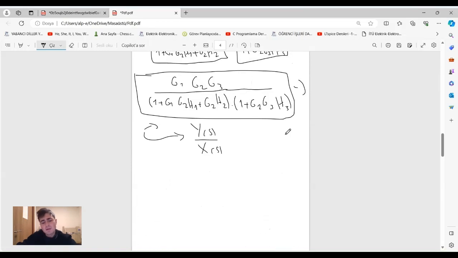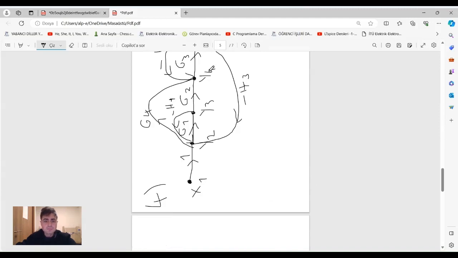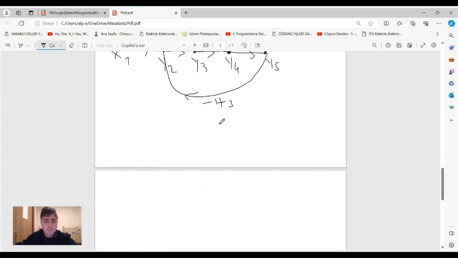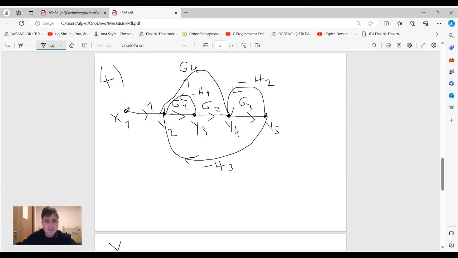This is important for the loops and also the equations. Okay, let's continue. E5 over E1. We can use the SFG diagram. This is the line E2, E3, and E4, but this is not what we are going to use.